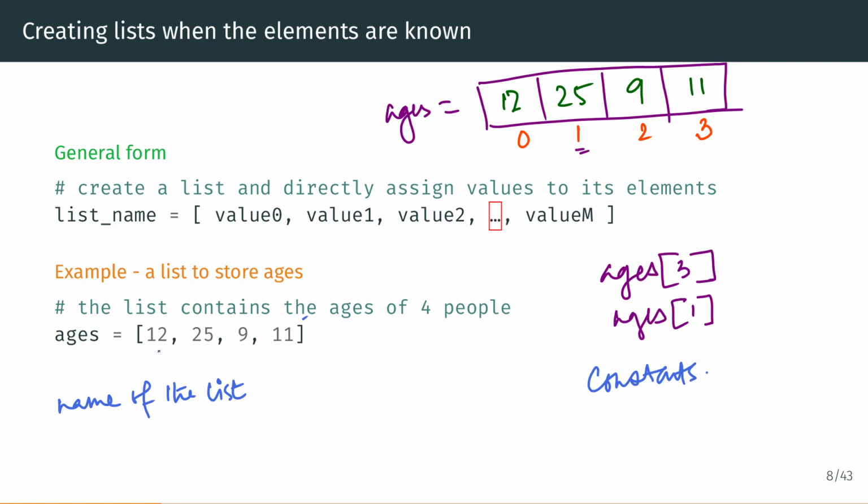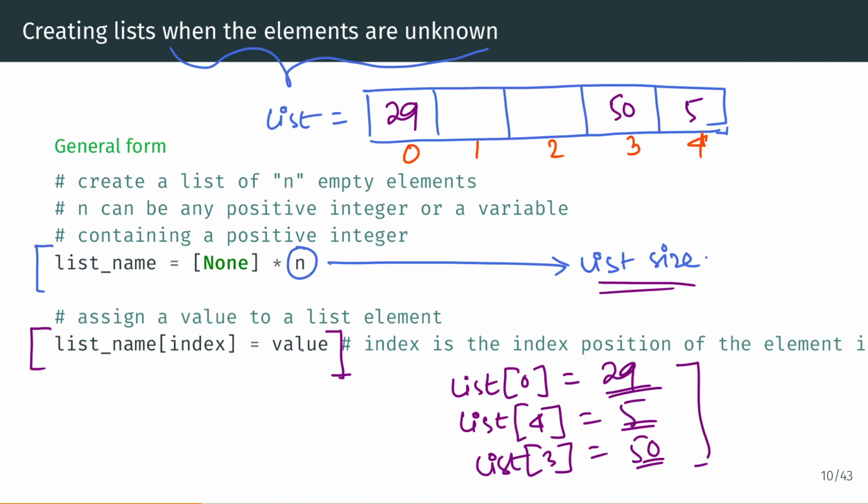But in this case, you don't know the values beforehand. Let's say the user is giving you the values. In such a scenario, you create an empty list first using this syntax: list name equals None times n, where n is the list size. Then you take each of the individual indices and store the values.